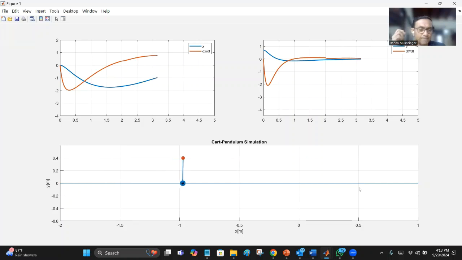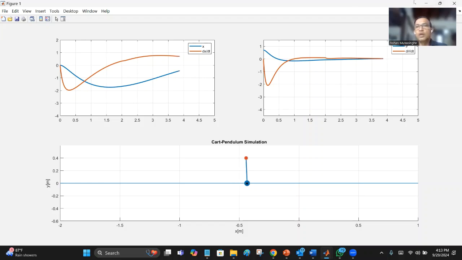Now, this is how you design and build a controller, right, for a plant. In Simulink, you can do all these things and verify that you have a good controller. Okay, so eventually it goes somewhere over here, 0.5, and settles there.